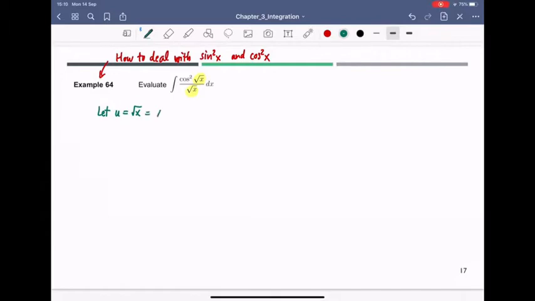So this is x to the 1/2. When you differentiate u with respect to x, you get 1/2 x to the negative 1/2. If you simplify that, it's going to be 1 over 2 square root x, which means dx is equal to 2 square root x du.